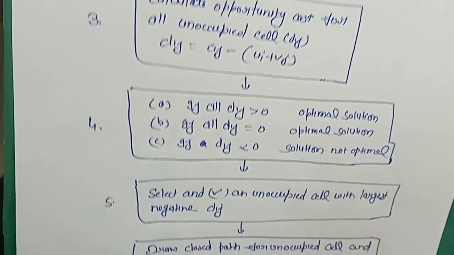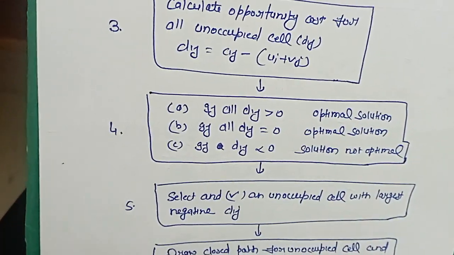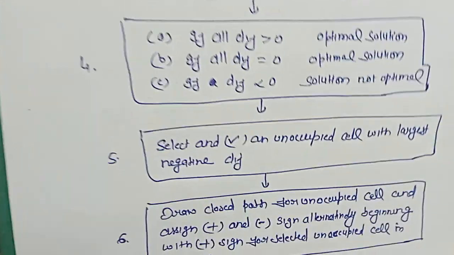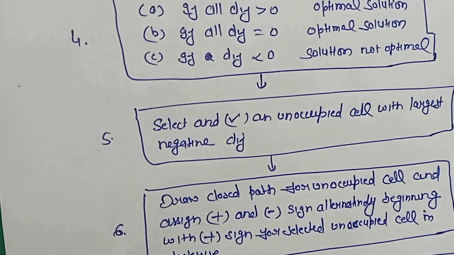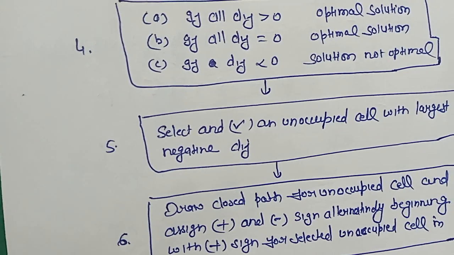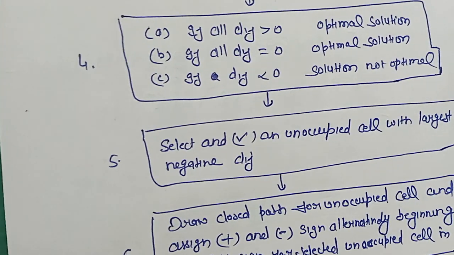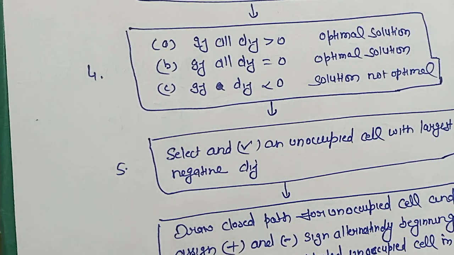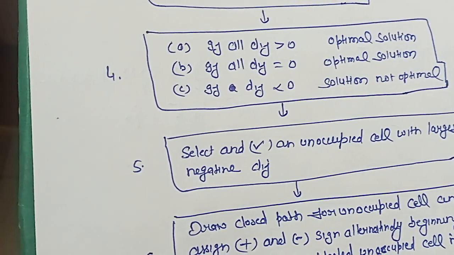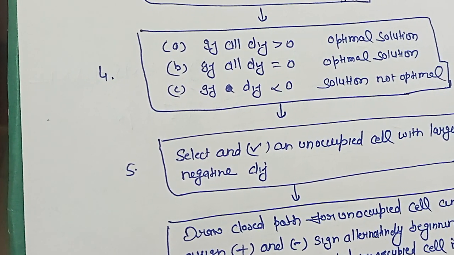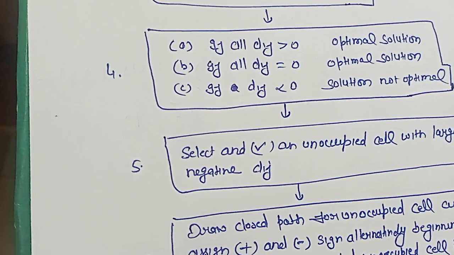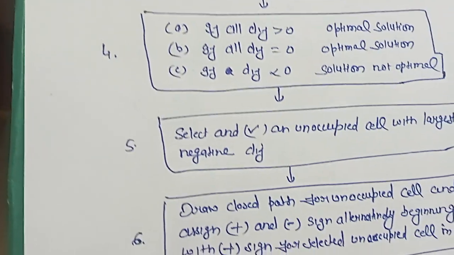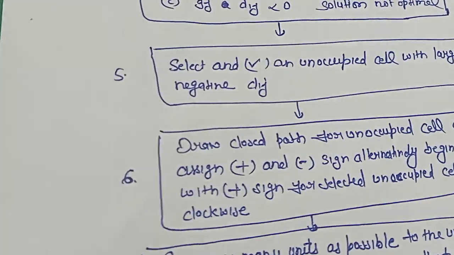After that, we construct or draw a closed path for the unoccupied cell determined in the previous step and assign plus and minus signs alternately, beginning with the plus sign for the selected unoccupied cell, in a clockwise direction.